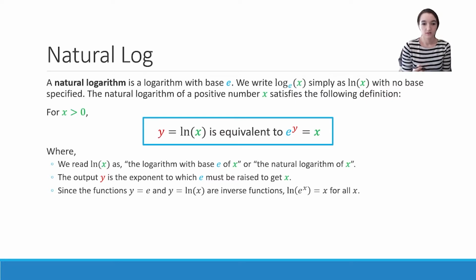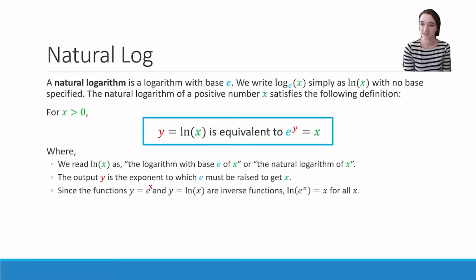So, since the function y equals e to the x and y equals ln x are inverse functions, ln of e to the x equals x for all x. This is something we're going to address a little bit further, a little bit later, though.